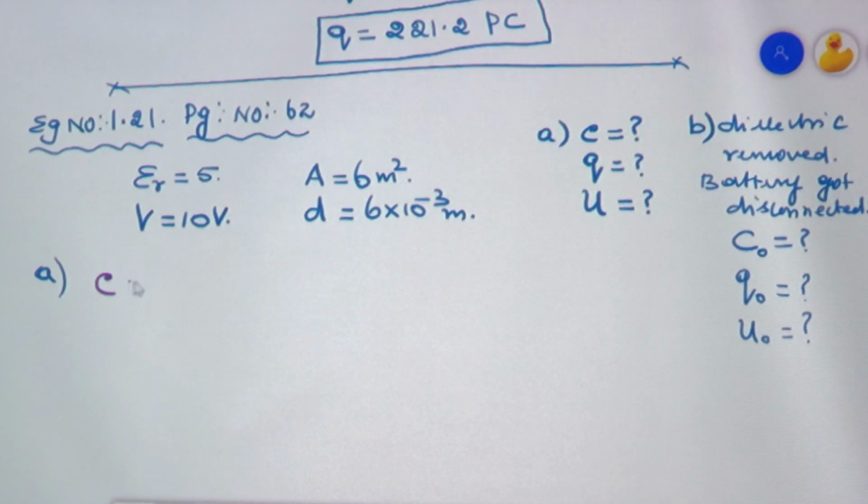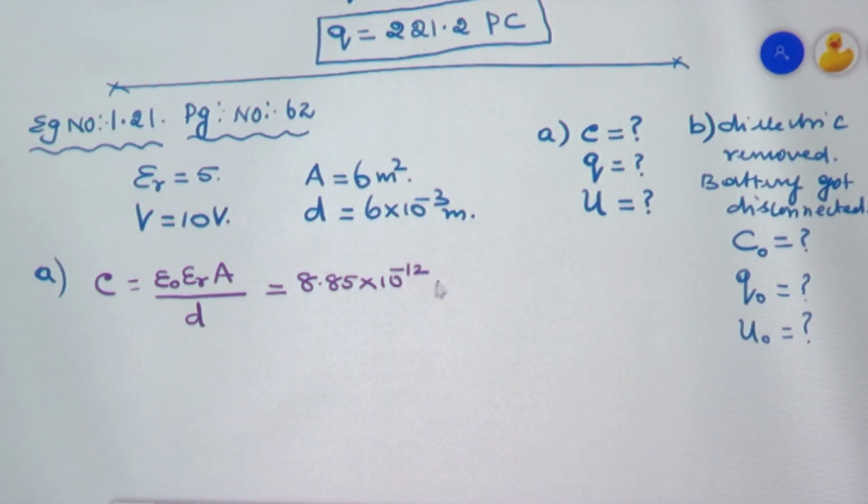When the capacitor is filled with the dielectric, it is given by the formula epsilon 0 into epsilon r into A divided by d. What is the value of epsilon 0? As we know, 8.854 or 8.85 into 10 to the power of minus 12, into epsilon r given as 5.